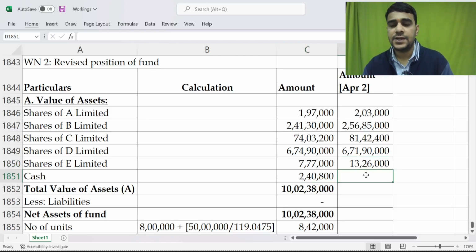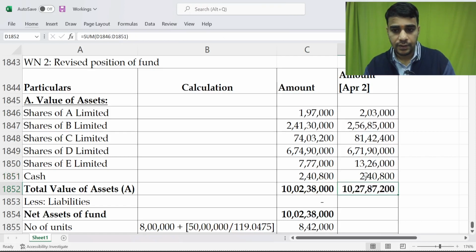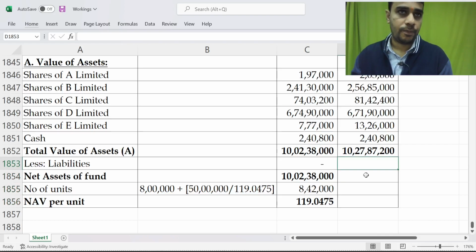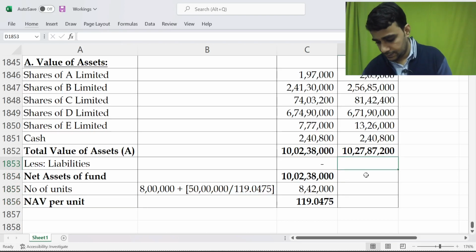The value of the assets is undergoing a change because of what's happening in the market. Because trading happens in the market, the value of assets can undergo change. Same amount of cash, value of assets have gone up. It can come down, it can go up also. It can happen either way.